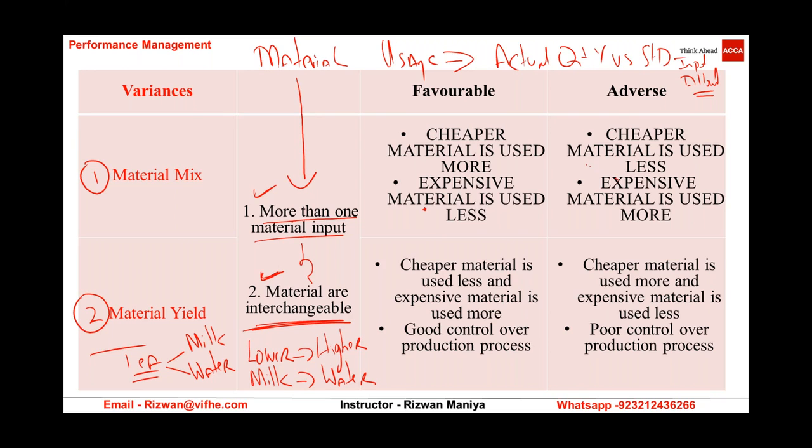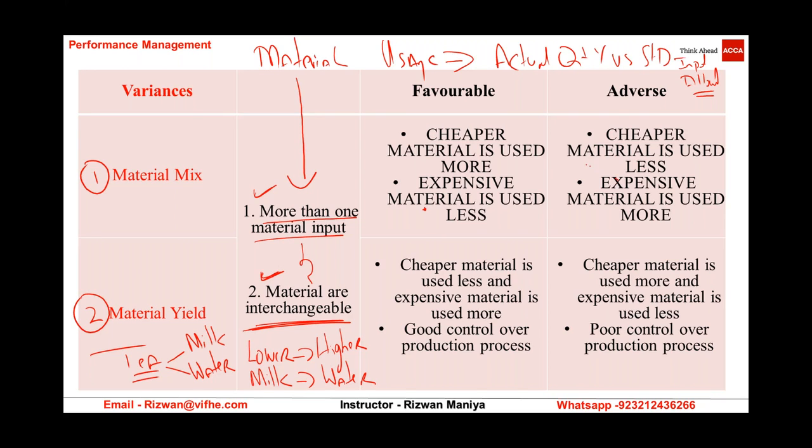So if you reduce milk quantity and increase the water quantity, you can still make tea. One cannot say that you will not be able to make tea in that case. Yes, you will be able to make tea even if you reduce the quantity of milk and increase the quantity of water. So interchangeable means that one ingredient, if used in a lower quantity, will be compensated by the other ingredient used in a higher quantity.